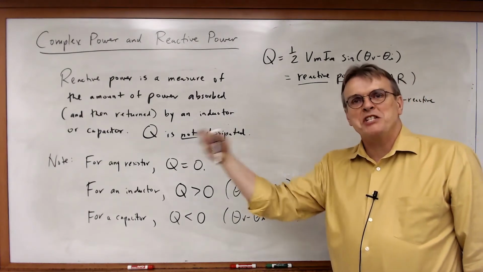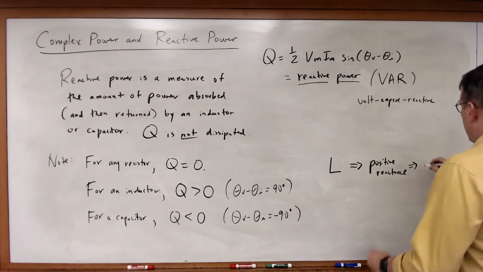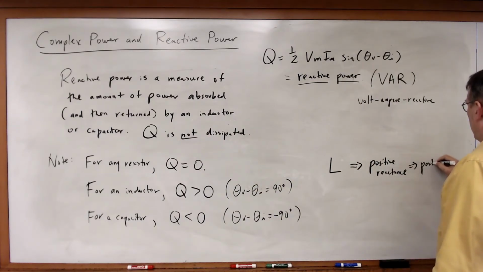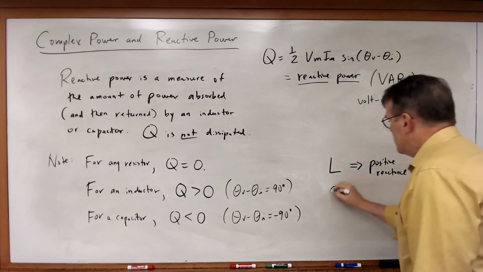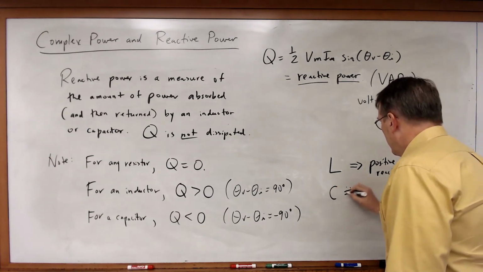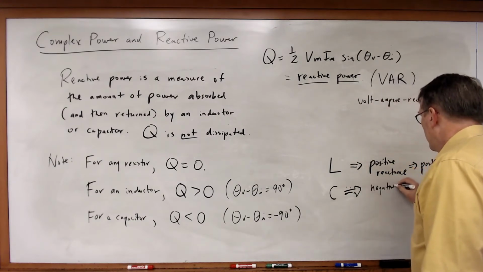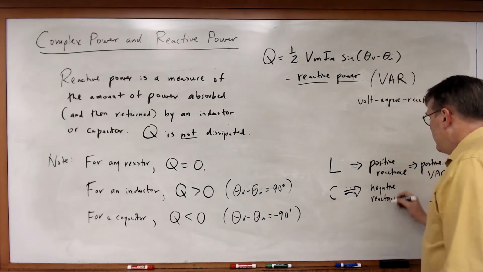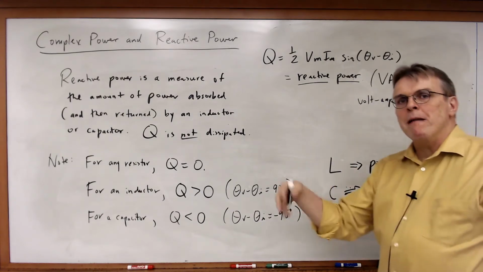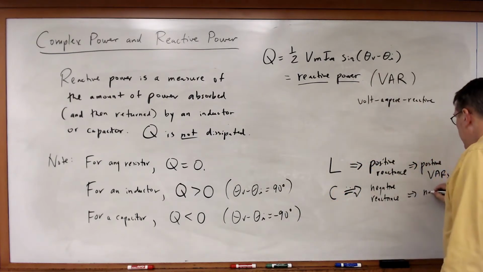It's plus J something. And inductors also have positive VARs. Capacitors, on the other hand, have a negative reactance. In other words, the impedance always has a negative number, minus J some value. And they will have negative VARs.